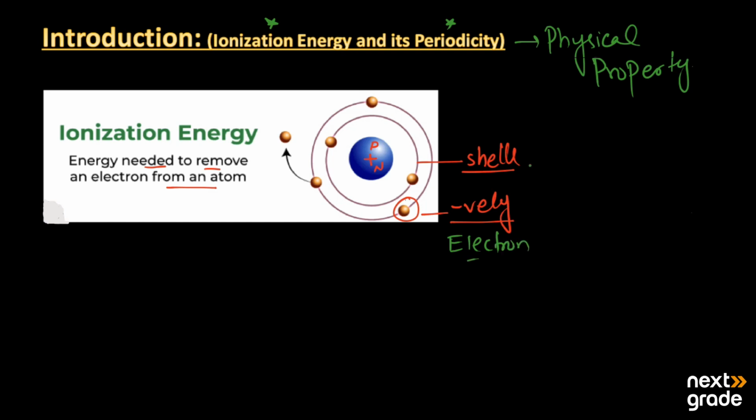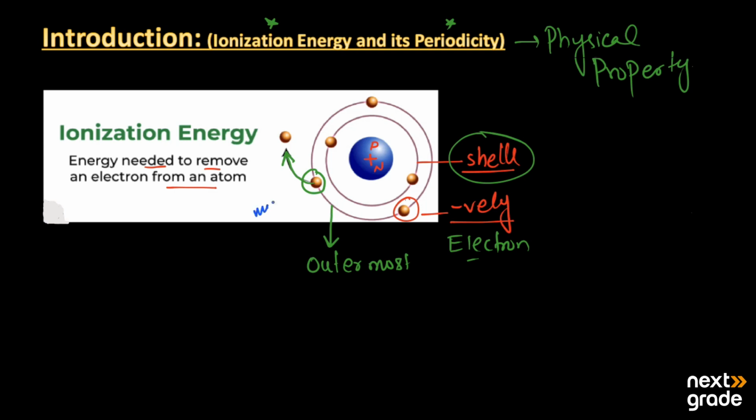So they are present in the shells. The last shell of the atom is known as the outermost shell. If we want to remove an electron from the outermost shell of an atom, then we require some energy.